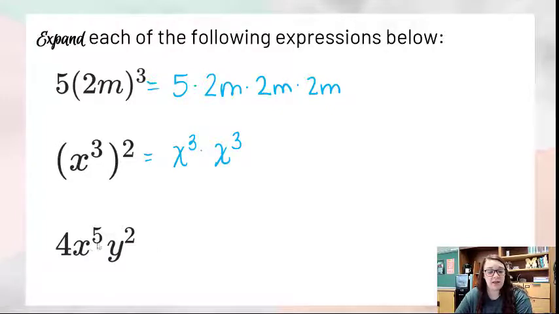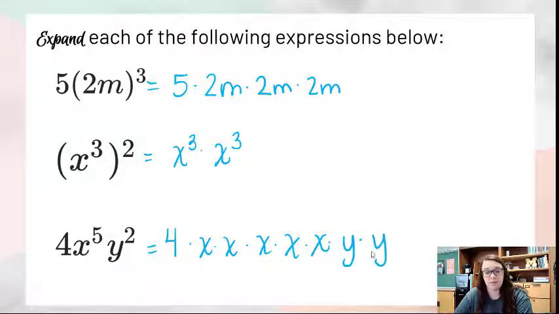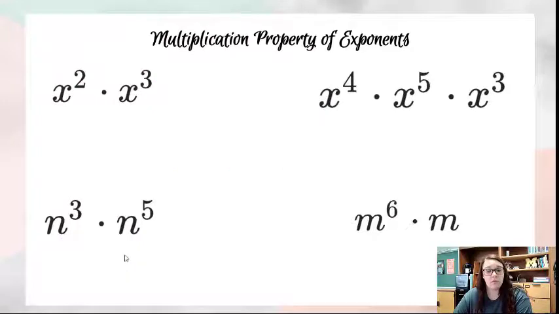And this time I can write out 4 times x five times and y twice. So the long way. This one, matter of fact, I could write even longer. We don't really need the multiplication dots because if we set variables next to each other, we multiply anyways.